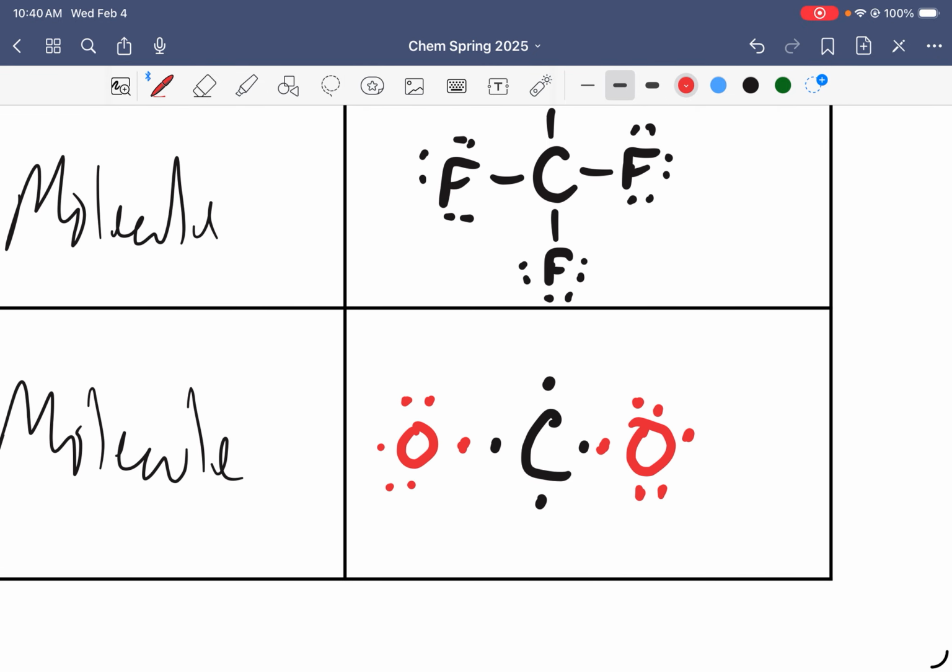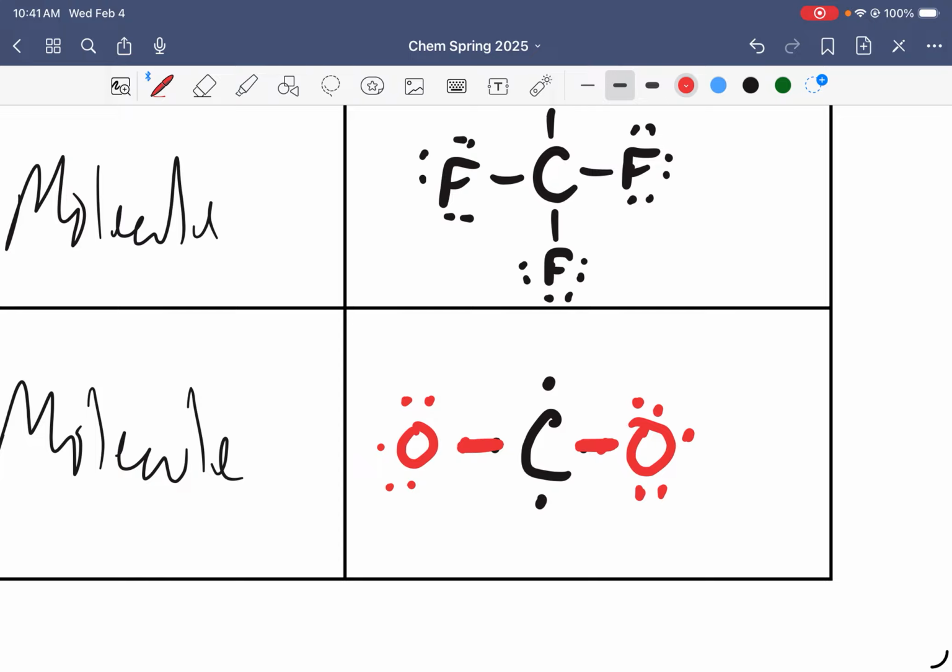So what we're going to do is we're going to take it and we're going to erase this one, and we're going to move it between the carbon and the oxygen. We're going to take one of carbon's and we're going to move it between, and those are going to share again. This is creating what we call a double bond. Okay. I'm going to do that again over here. This carbon is going to move over.